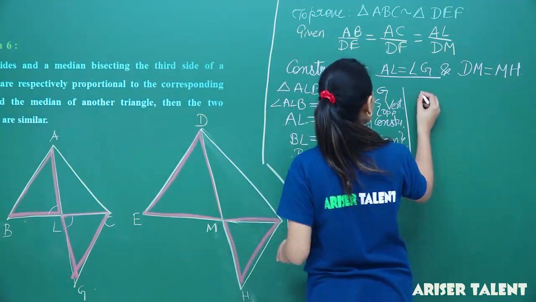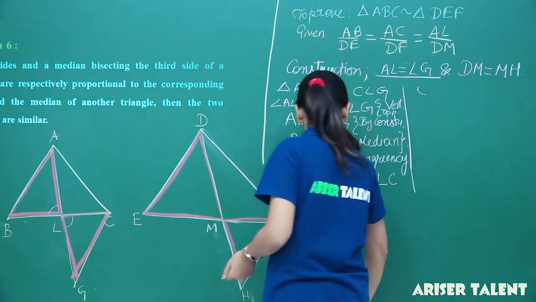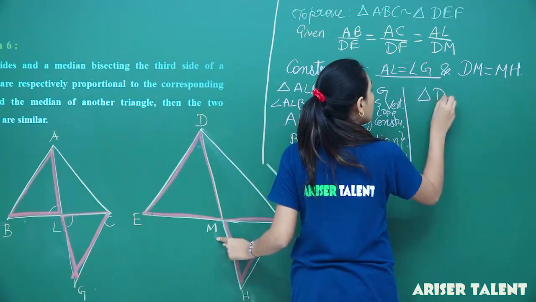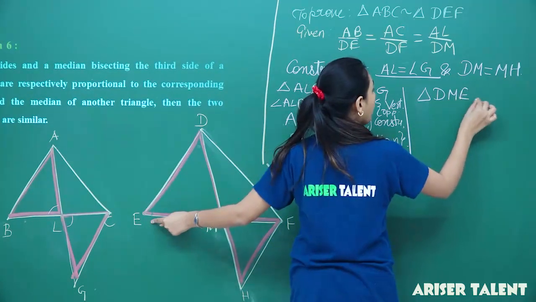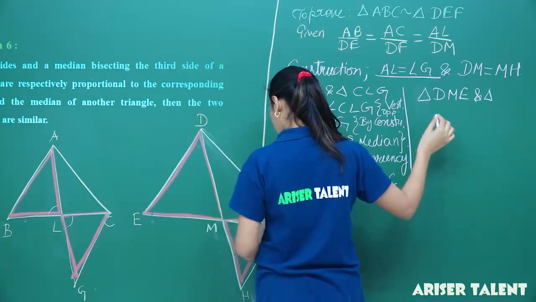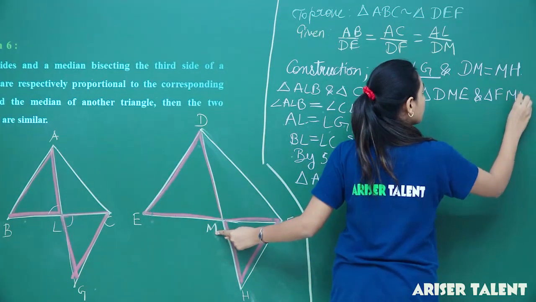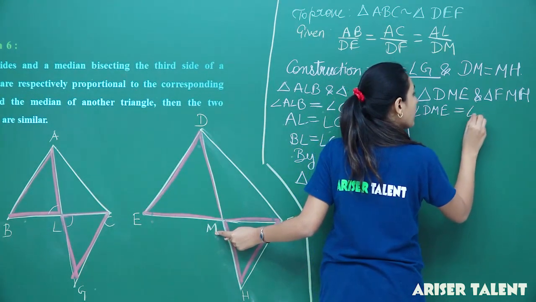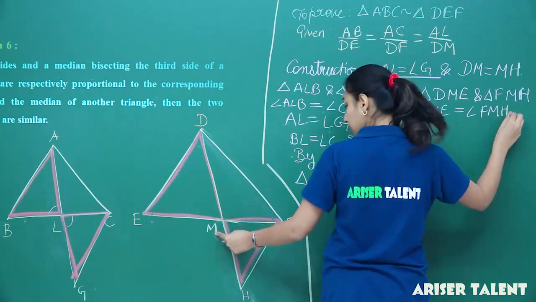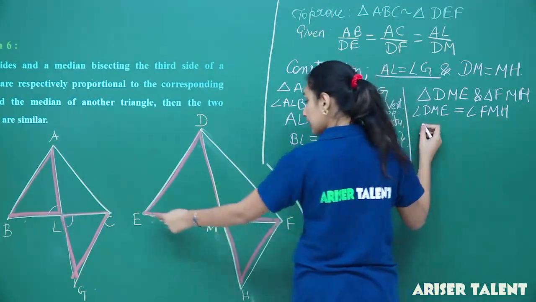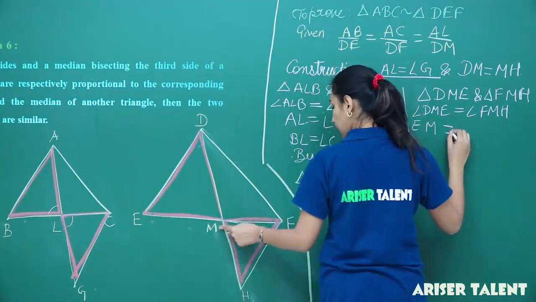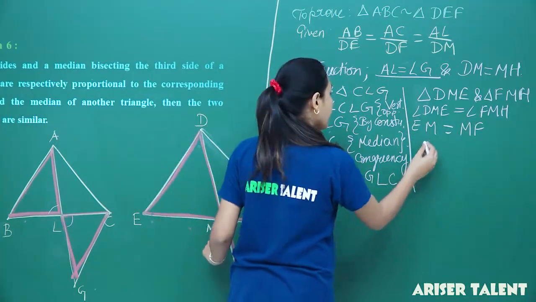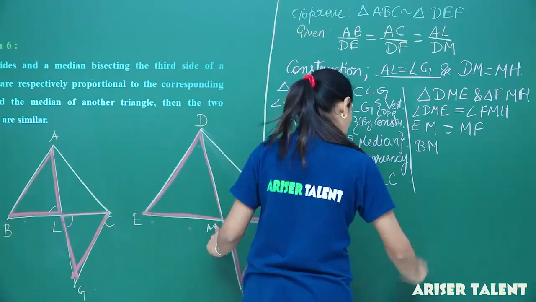So write it here like this, in triangle BDM, triangle DME and triangle FMH, angle DME equals angle FMH, vertically opposite angles, then EM is equal to MF, right, student? And this is DM.